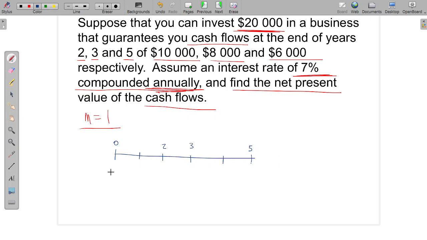Initially, we are investing $20,000 there. Then at 2, we have 10,000. At 3, we have 8,000. At 5, we have 6,000. This is 4. We need to calculate this, but each of these comes to 0.